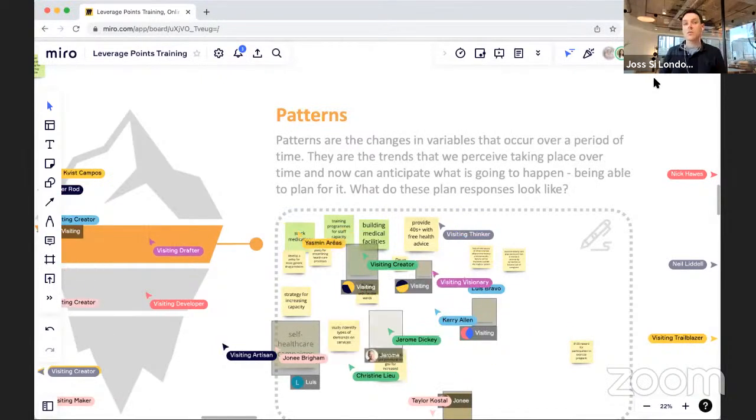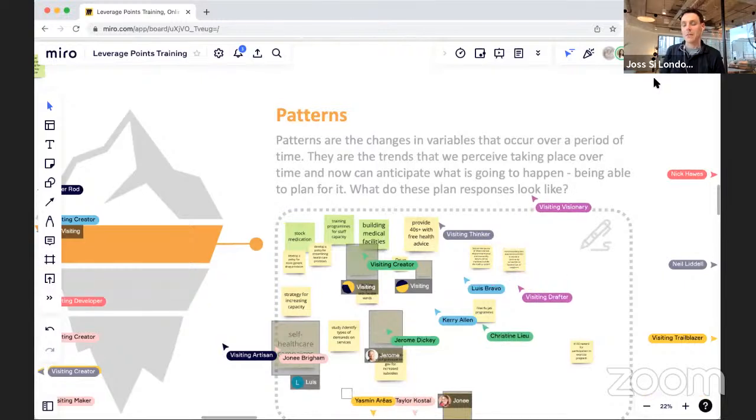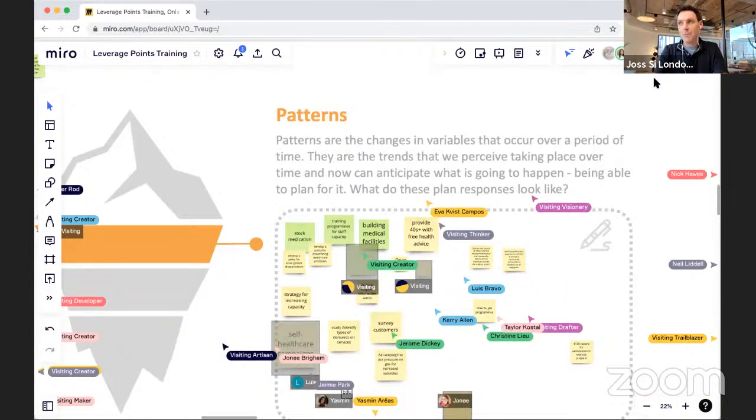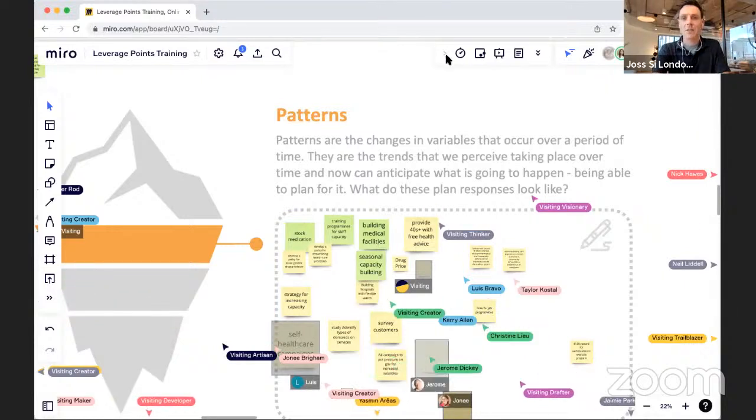Yeah, so what we're doing here is really part of a broader process, Danielle. This is one stage in that, as mentioned. Normally you would start with a mapping exercise to map out the different factors and actors in this system.